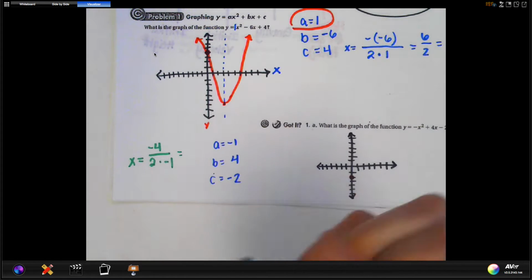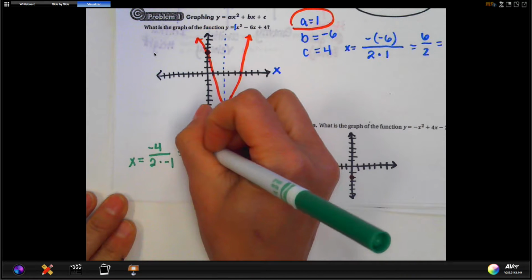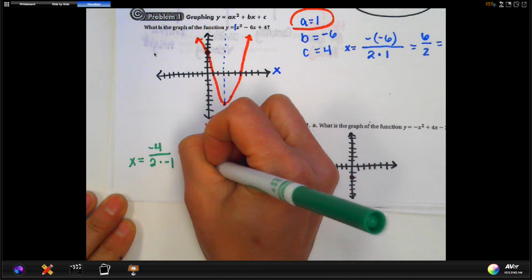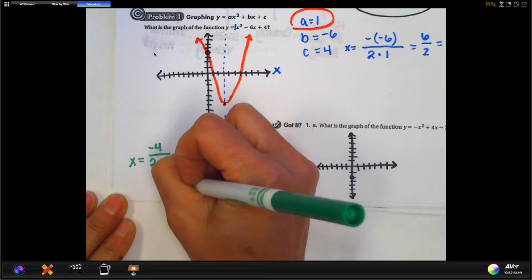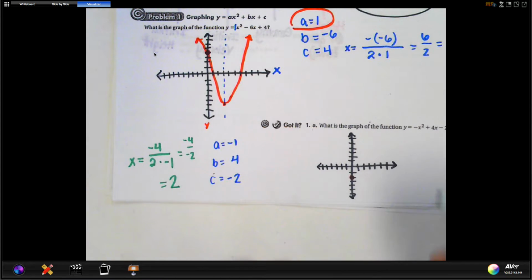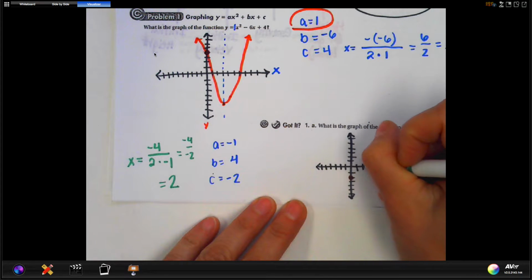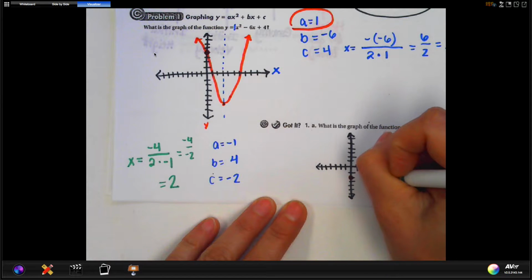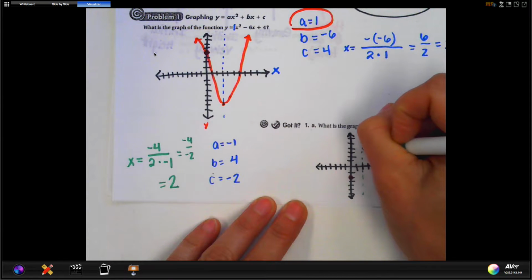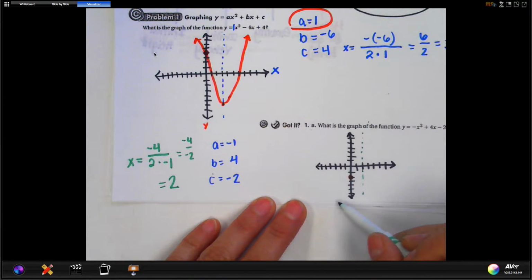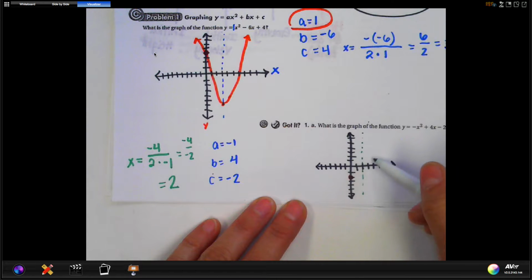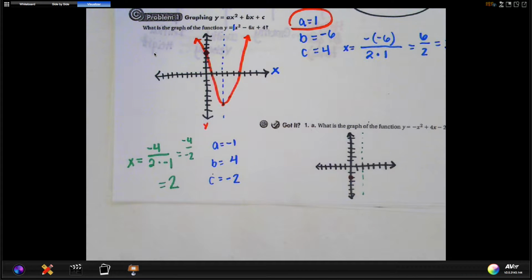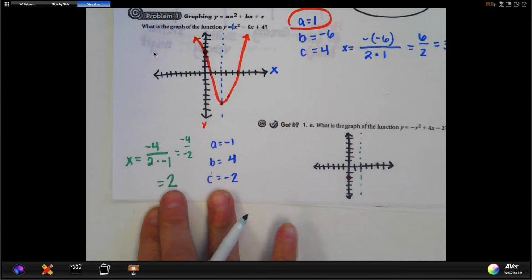So that's really negative 4 over negative 2, which is equal to what? Positive 2. Good. So x equals positive 2 is my axis of symmetry. So we can draw our dotted line. We know it's going to open down. What we don't know is where the vertex is, right? And we are going to find that out as we get going.